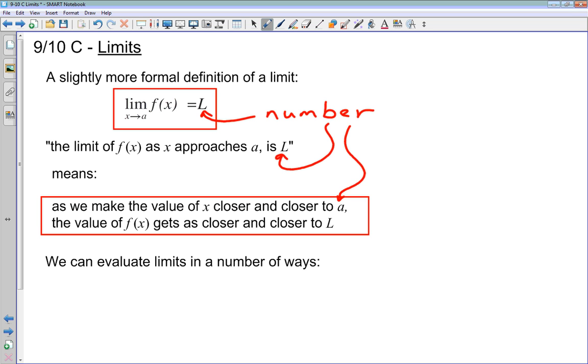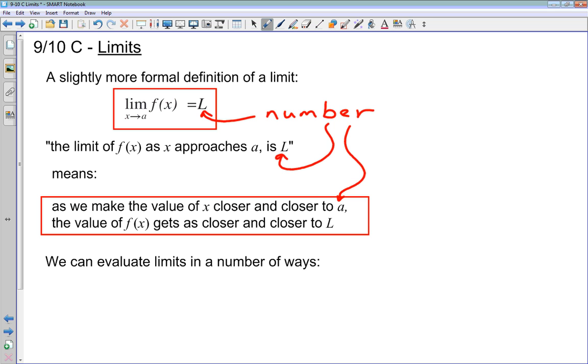This goes back to the concepts of independent variable and dependent variable that you started talking about back in grade 9. x is always our independent variable. We have control over it, so we can change the value of x that we're using. If we move it closer and closer to some number a, it doesn't actually have to be equal in value to a.